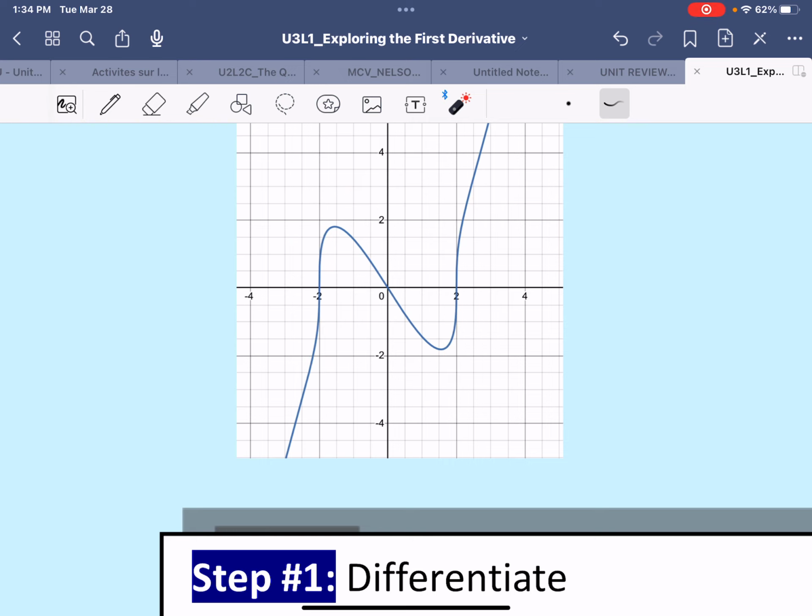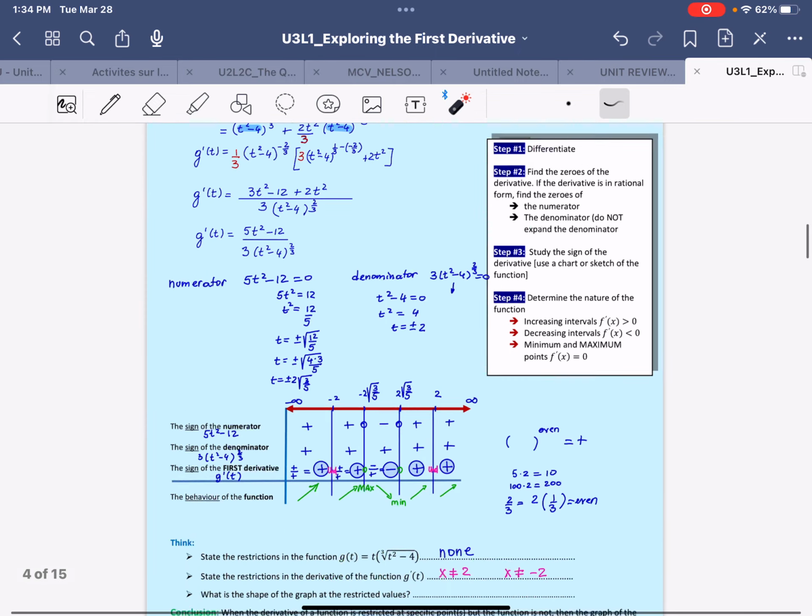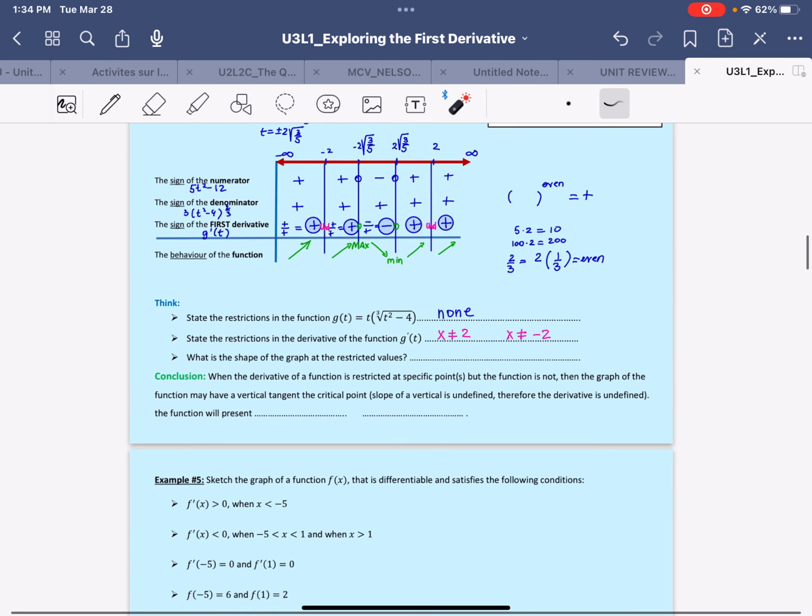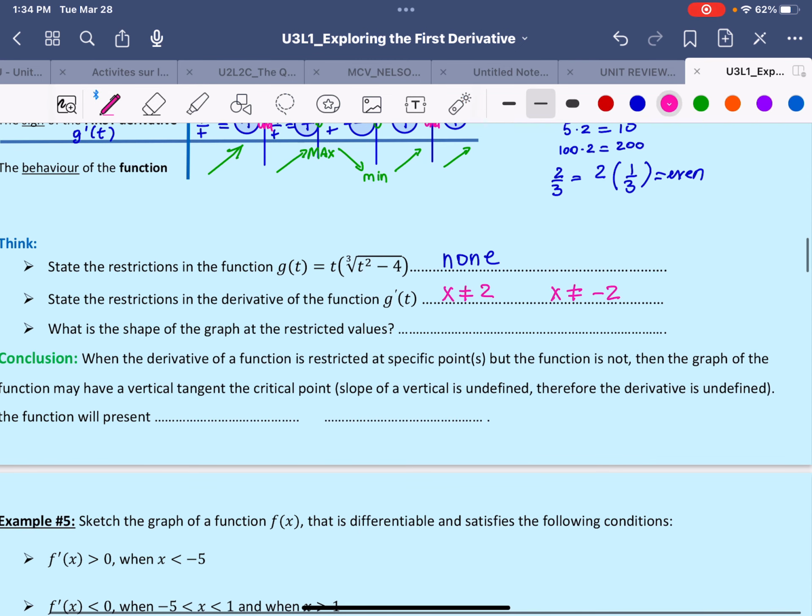So when a function is continuous at a point, but the derivative is undefined at that point, it means that the shape of the graph most likely will be like presented by a graph that is increasing very, very fast. So in this case, then, we are going to say that the shape of the graph at the restricted values is a very fast increase.